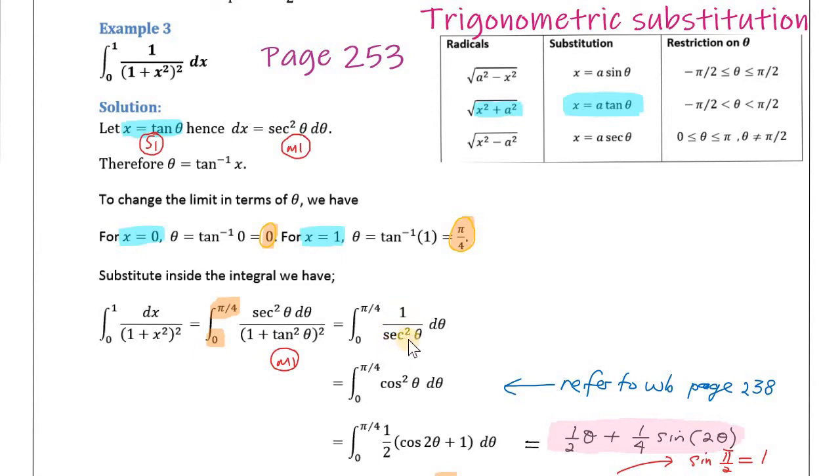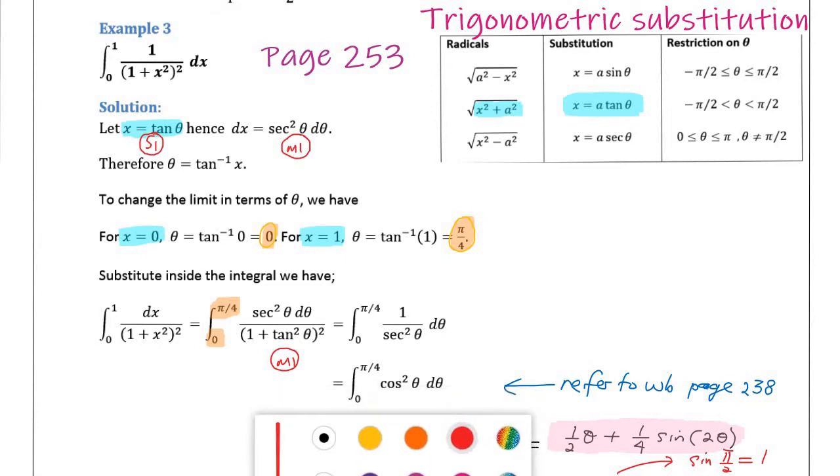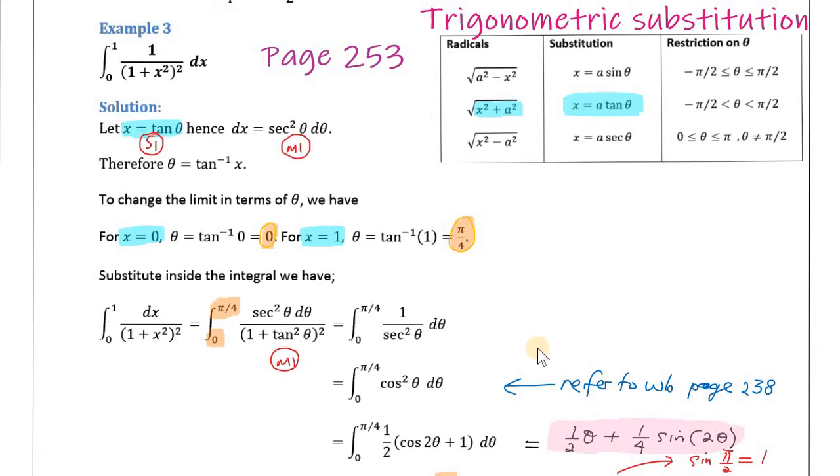And this part we can simplify. How to get to that part? We have to look at the identity. Look into your formula list. In your formula list, the Pythagorean identity tan squared A plus 1 is sec squared A. This is given in our formula list. So the denominator becomes sec squared.